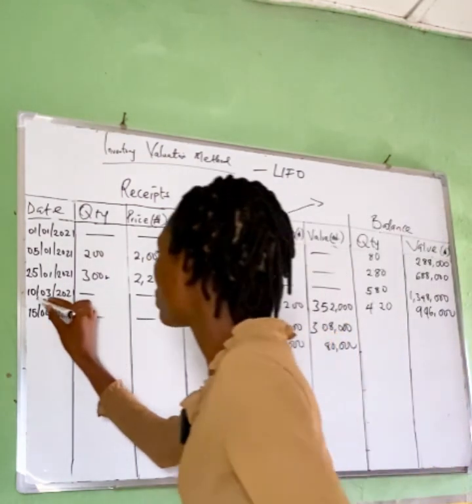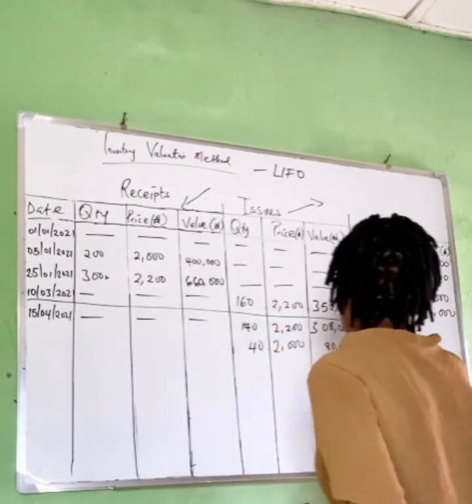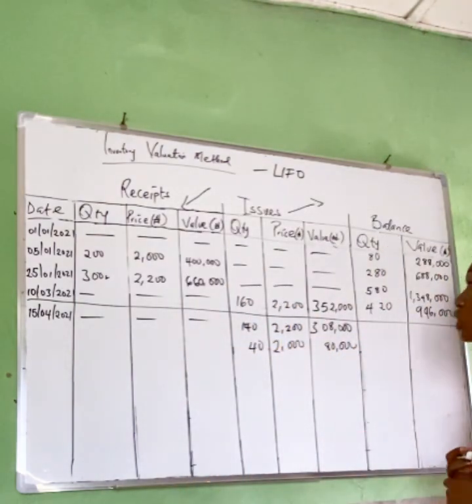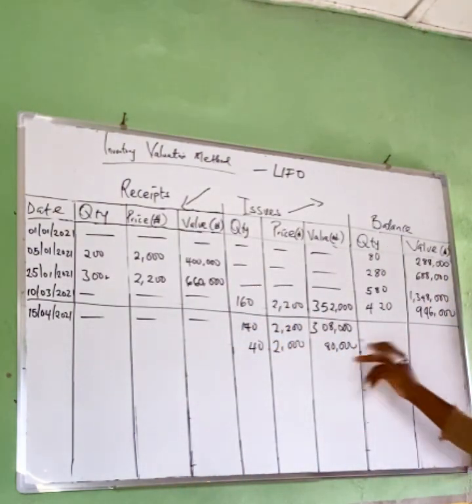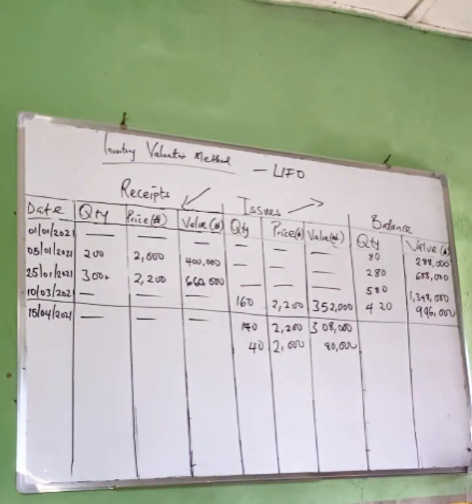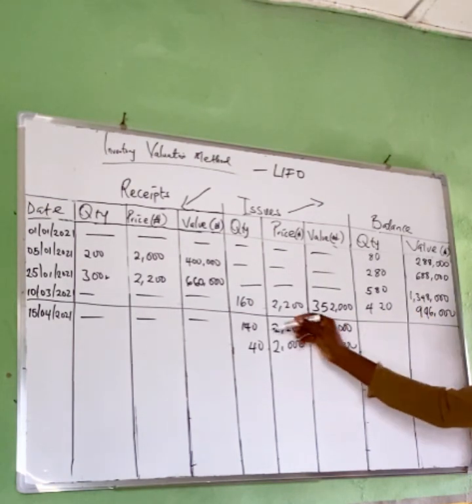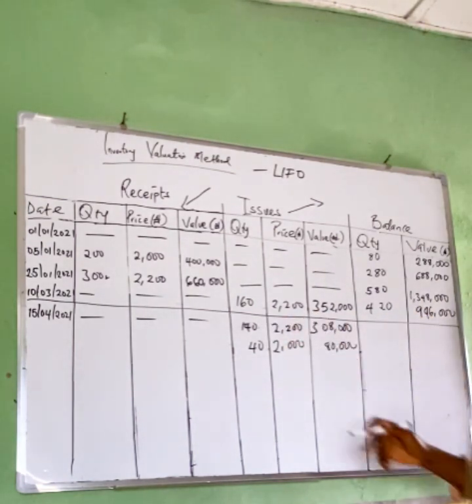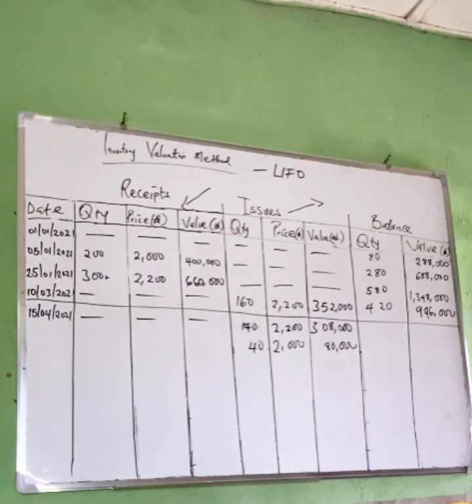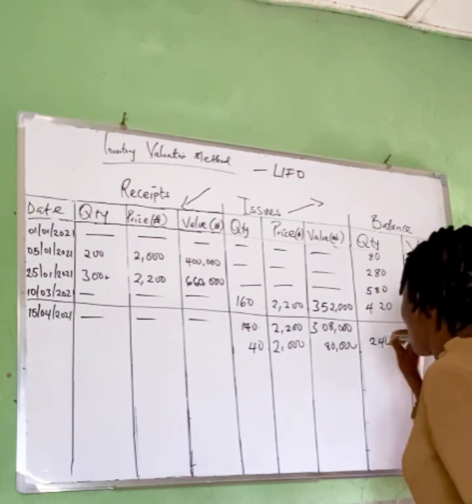I would like to separate this so that it will be easy to understand. Now, how do we calculate our balance? Since we are having two entries, we'll calculate our balance. The most recent balance for quantity is 420, so we're going to be deducting 180, which is the sum total, from 420, which will give us 240 units.